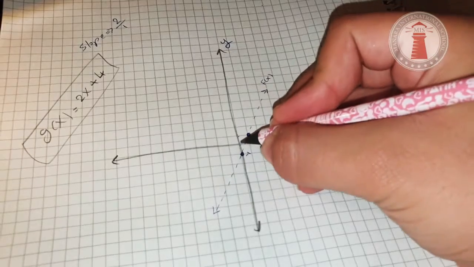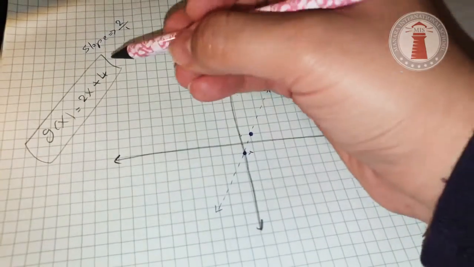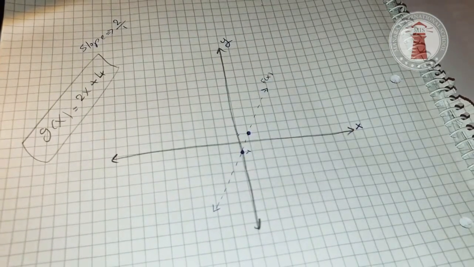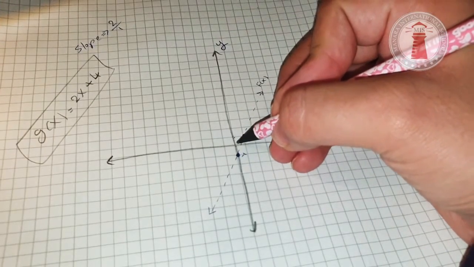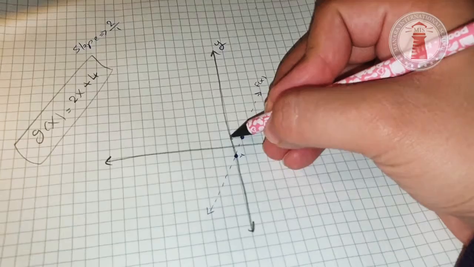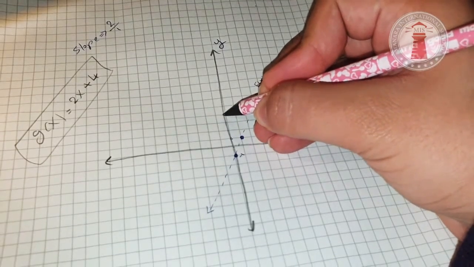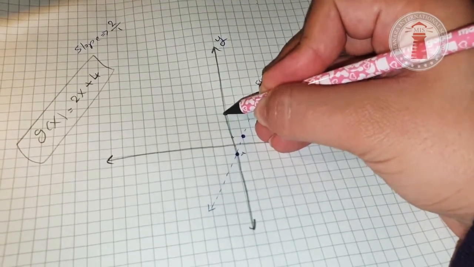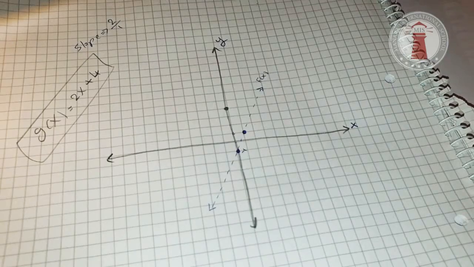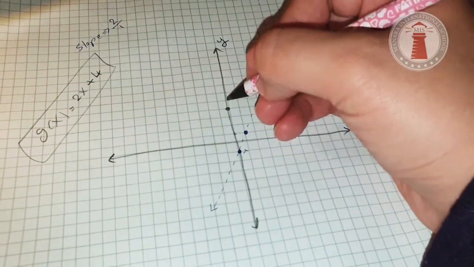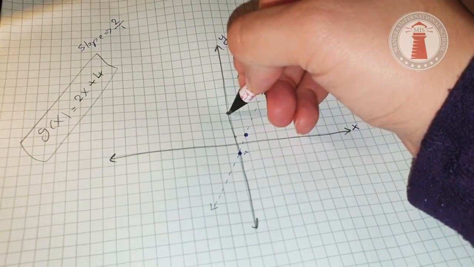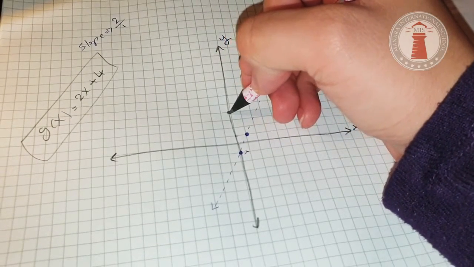Okay, first let's see what is the y-intercept. Here it is 4. So on the y-axis we look at the number 4, which is 1, 2, 3, 4. Here, right here, this is our first point. Then we have the slope, which is also 2, so it's 2 over 1. So from here, from our y-intercept, we're going to move 2 steps up.